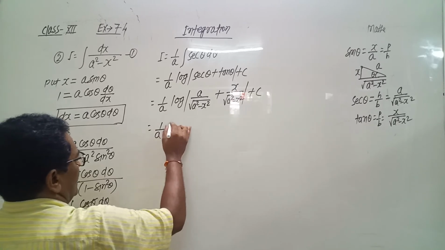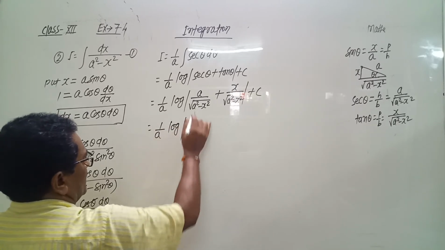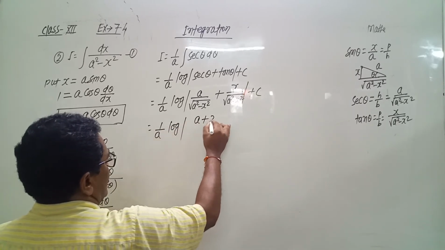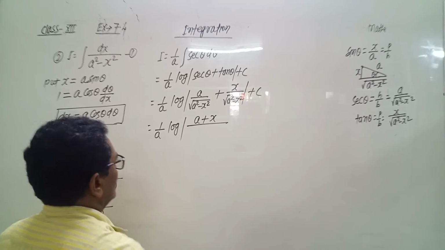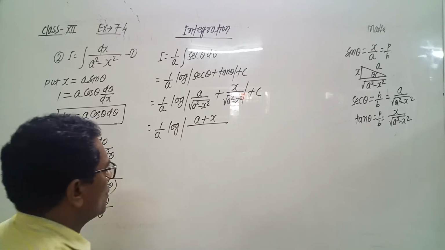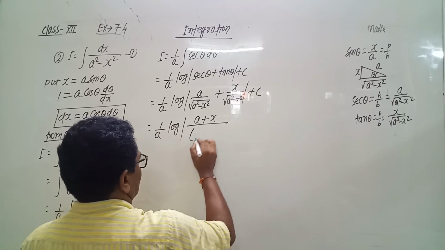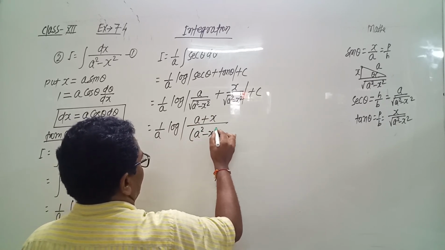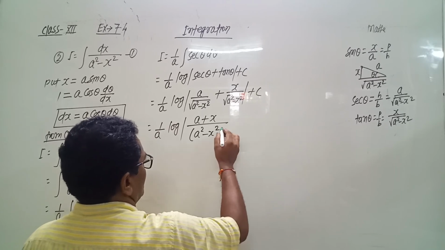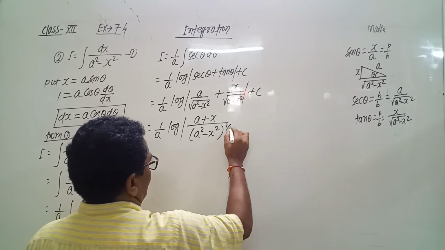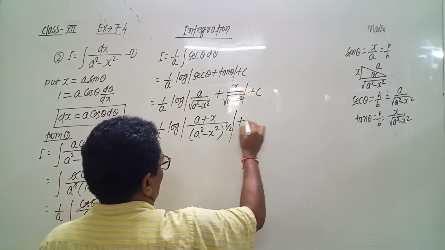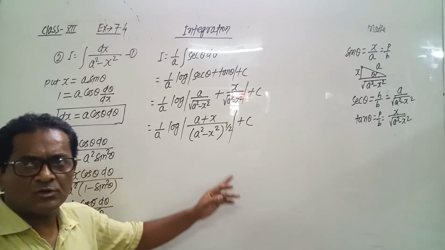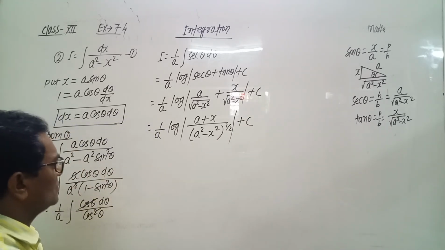So 1 by a log, by taking LCM, we get a plus x upon root over a square minus x square, and root over a square minus x square is written as a square minus x square raised to the power 1 by 2, plus c. The square root is written as power 1 by 2.